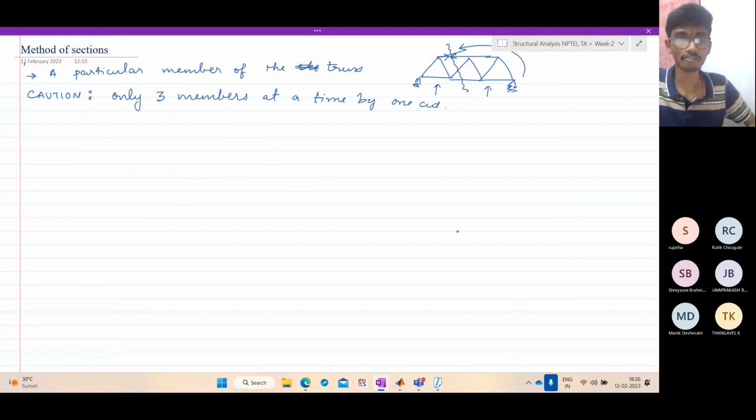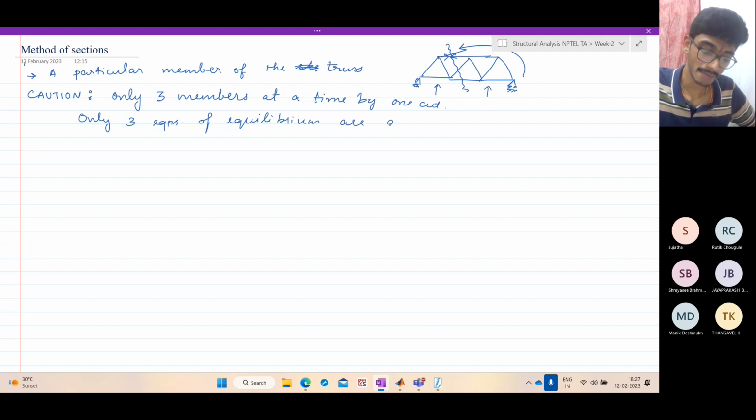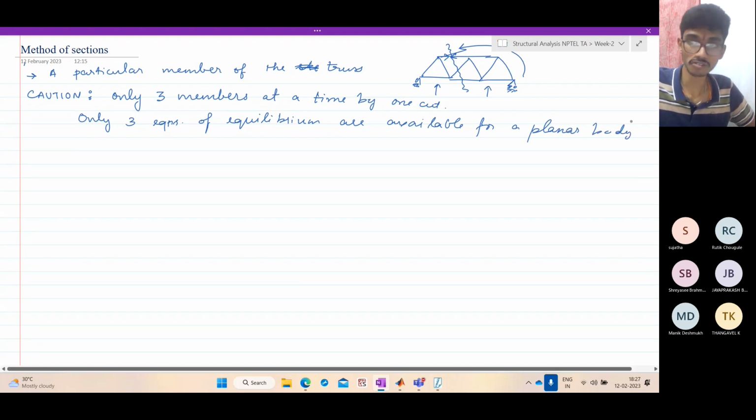So at a time you have to cut only 3 members. Why? Again, it is because only 3 equations of equilibrium are available for a body. Right now, you should be careful. We are not enforcing equilibrium at a joint.